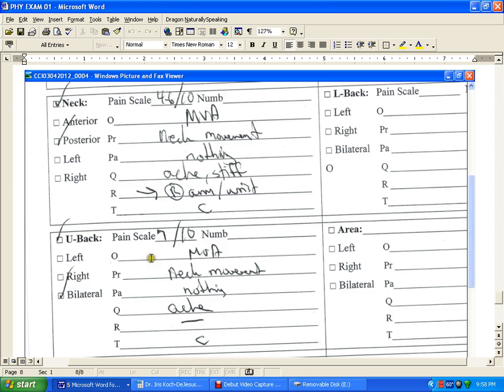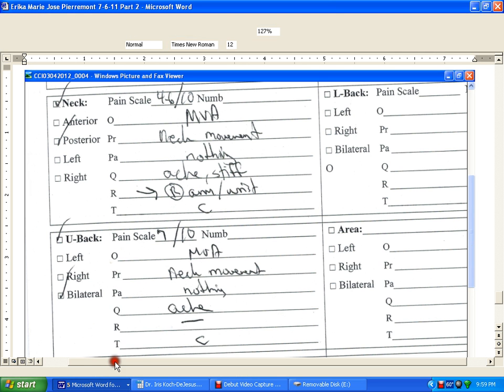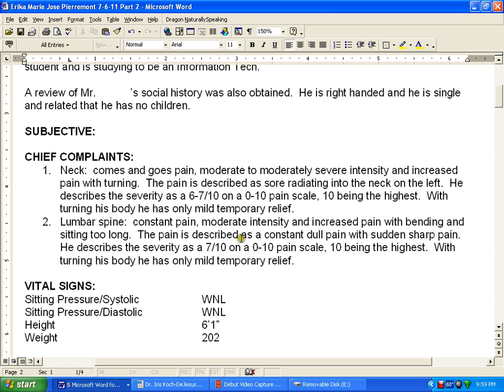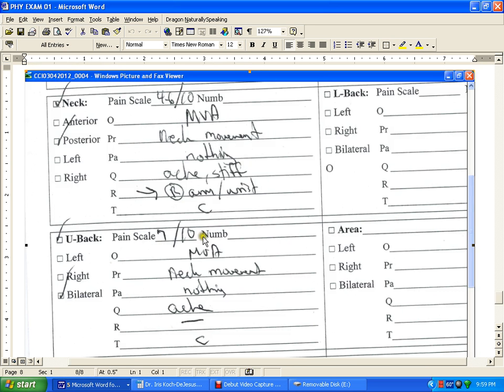Okay, now we're going to go back to the upper back. Upper back, colon, and a 7, like I said before, is moderately severe intensity. And increased pain with neck movement, period.